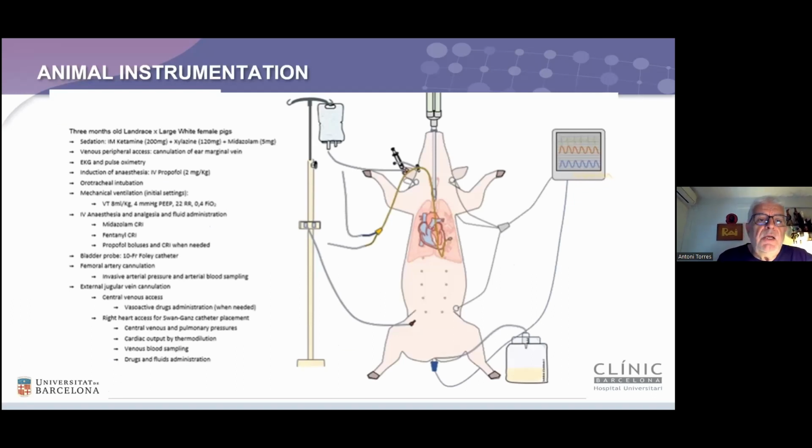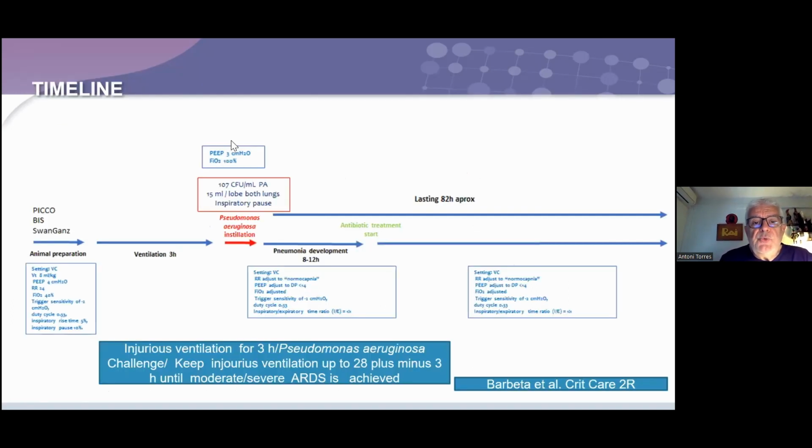We challenged the animals with Pseudomonas aeruginosa, plus later injurious ventilation, using high respiratory rate, adjusting the PEEP, and with this inspiratory-expiratory ratio, so very injurious ventilation, applied for 3 hours and up to 28 plus or minus 3 hours until moderate to severe ARDS appeared gasometrically or clinically.